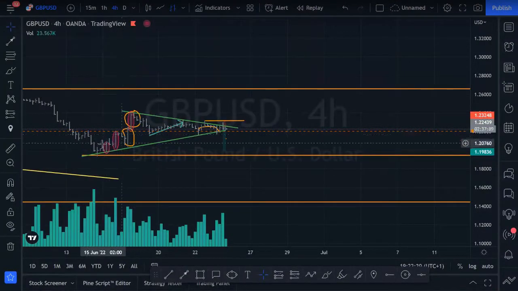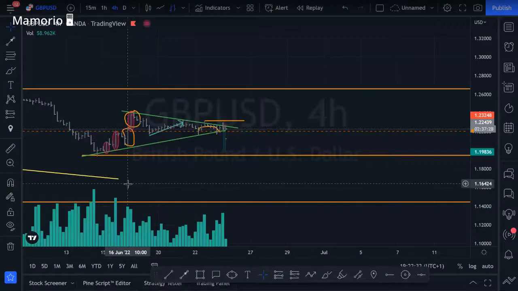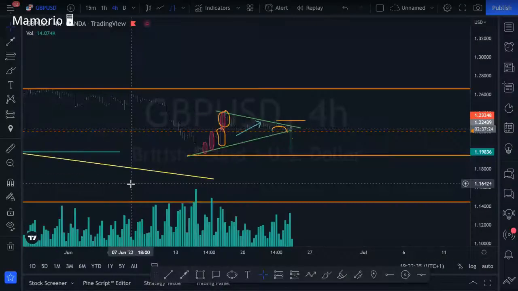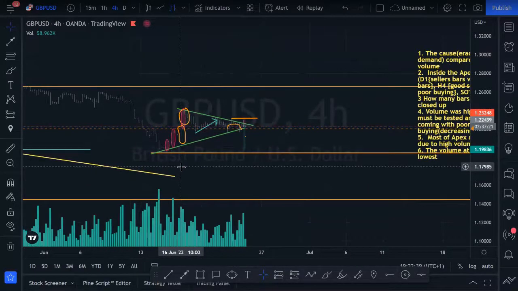Yes, we have big bars, widespread bars, but we are not making any progress. The bars are not achieving anything. We aren't making a higher high or breaking any significant level.